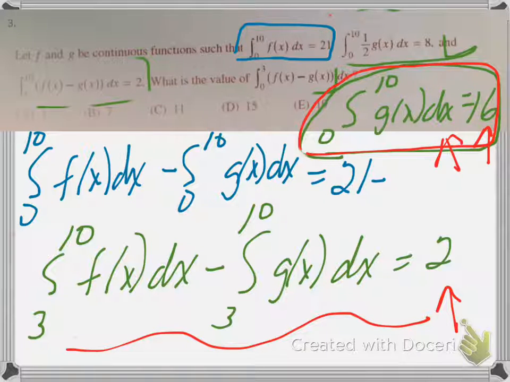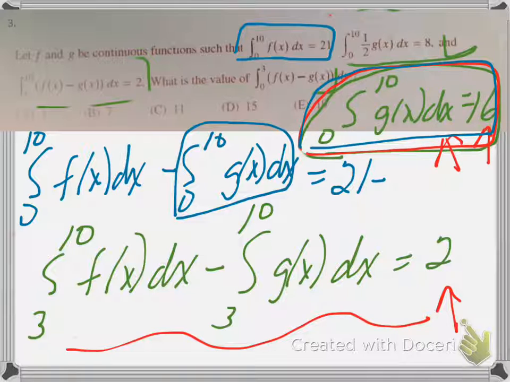Minus. And then I have this, 0 to 10 of g of x, and that was right here, and we got 16. And then we can subtract those, and we get 5. Okay, so from 0 to 10, it's going to be 5 when you subtract them.